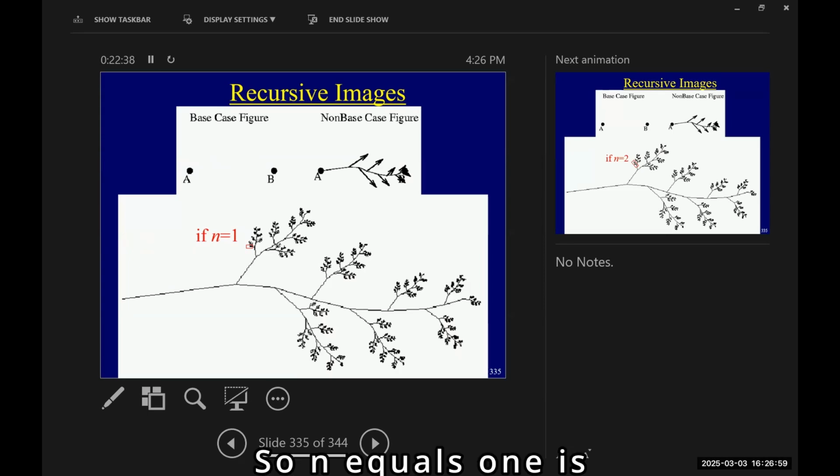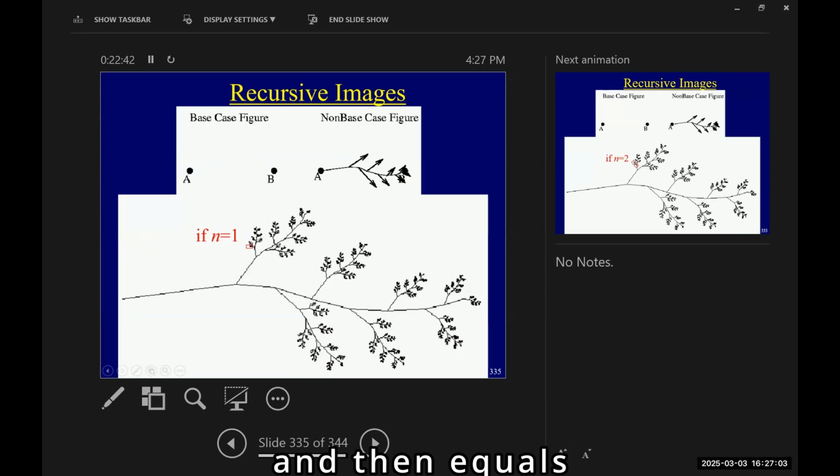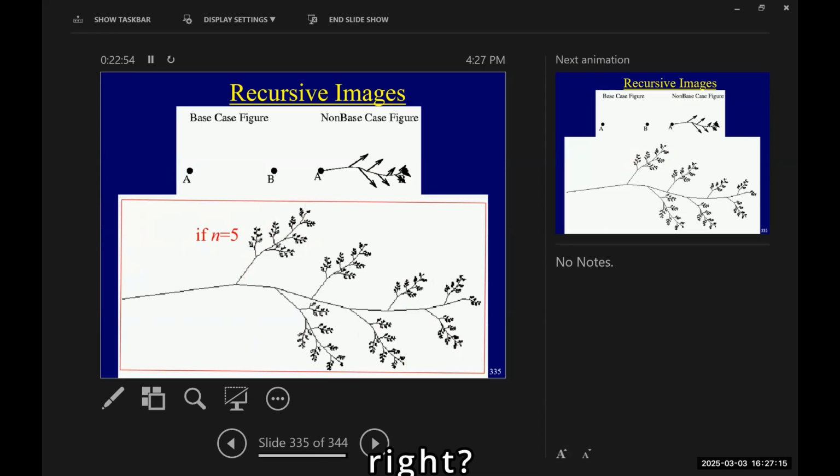So n equals 1 is the stem with these nothings hanging off of it. And then n equals 2 is a stem with 1's hanging off of it. And n equals 3, n equals 4, n equals 5, n equals 6. Right? It's kind of fun.